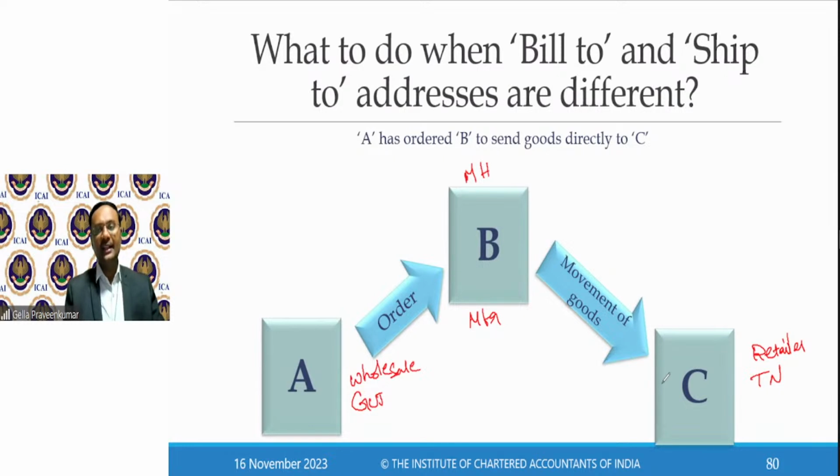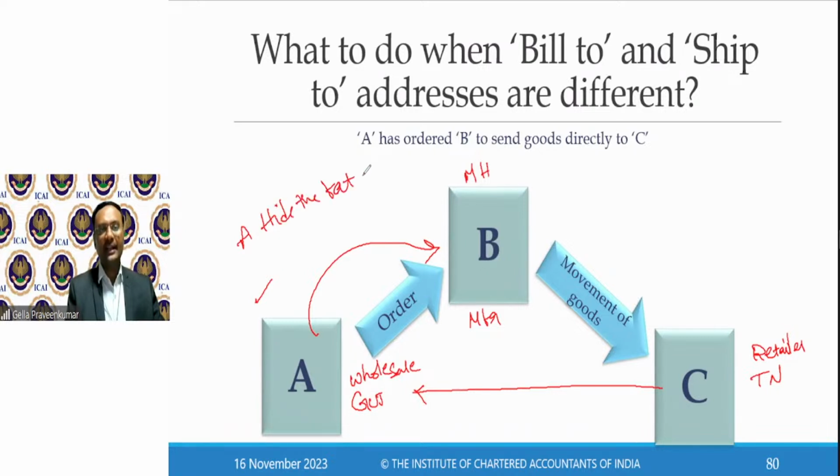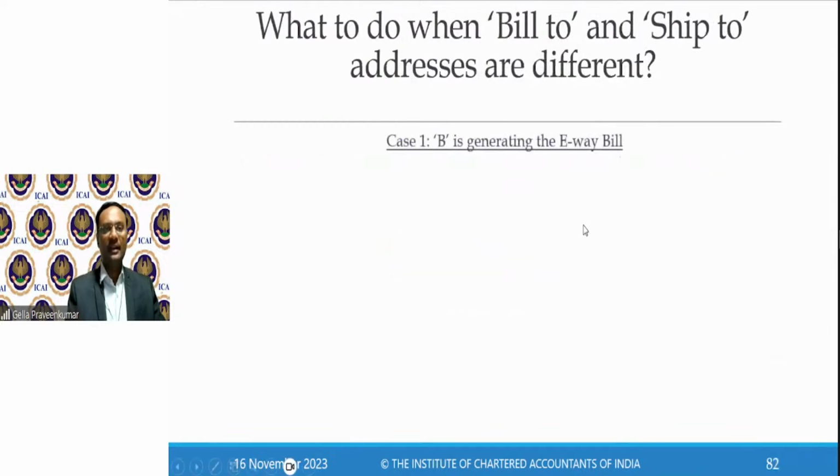So here C says, please supply material to me. A will say, please get the material ready, Mr. B. When the material is ready, A will pick the material from B and prepare an invoice to C, and A will prepare an e-way bill, where A wants to hide the fact of Mr. B. This is how I manage my business, where the bill from, dispatch from, bill to, ship to model is adopted for supply.